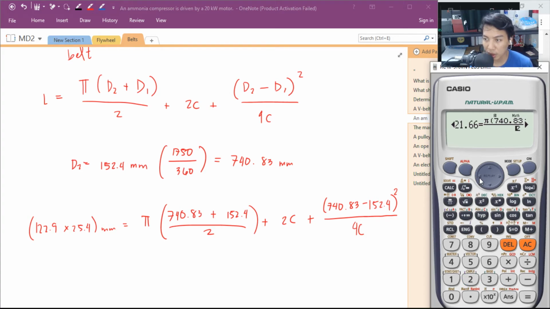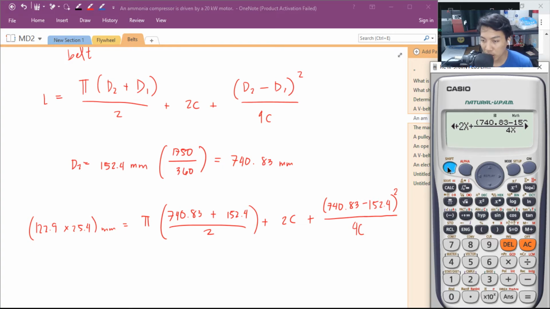Nalagyan ko basta taas. Yan. Tapos plus 2 alpha x plus 740.83 minus 152.4 as square mo lahat divided by 4 alpha x.